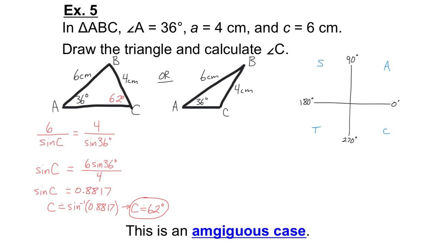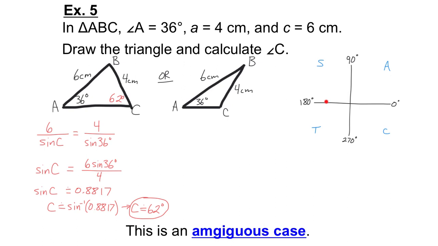Remember the CAST rule for angles in the 4 different quadrants. This acronym CAST tells us which trig ratios are positive. In the first quadrant, for acute angles, less than 90, all of them are positive: sine, cosine, and tangent.